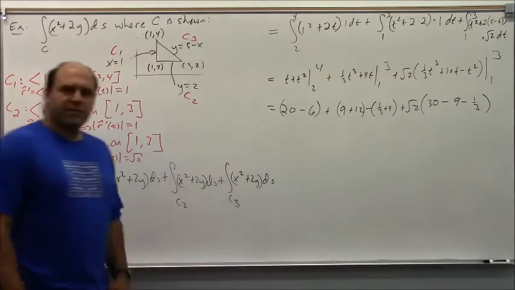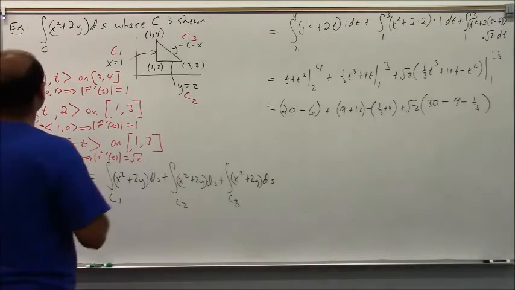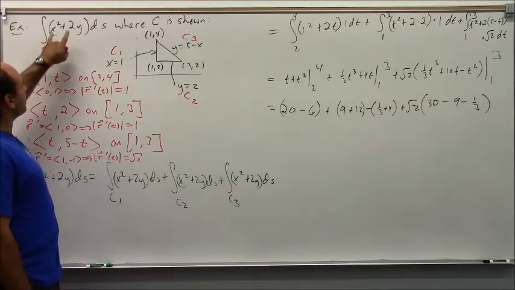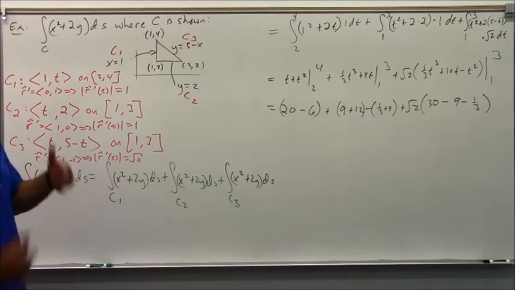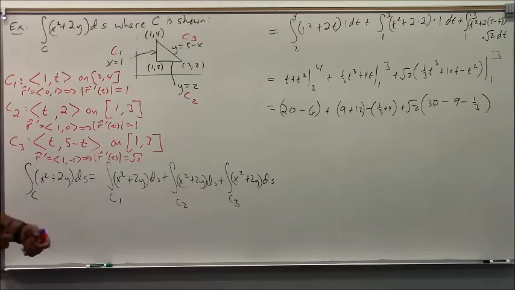And I'm not going to bother to simplify that. It's some number, but that's the area under this curve. So it's the area under the surface, x squared plus 2y, but above this triangle. So it's just the area under some sort of curve.